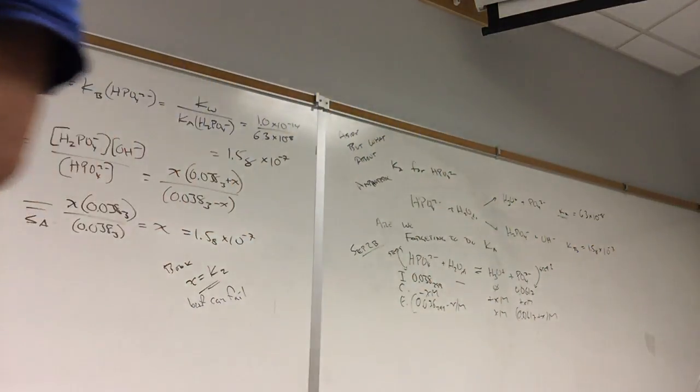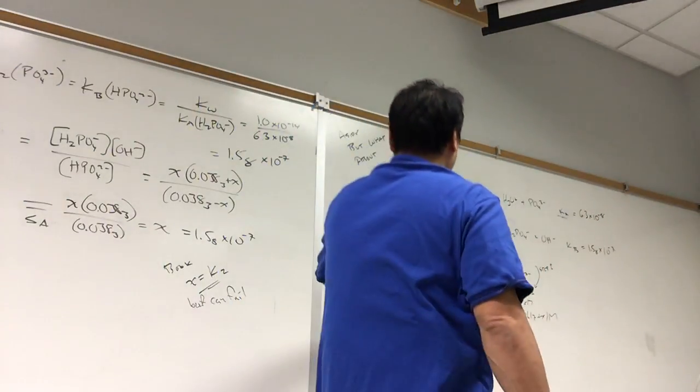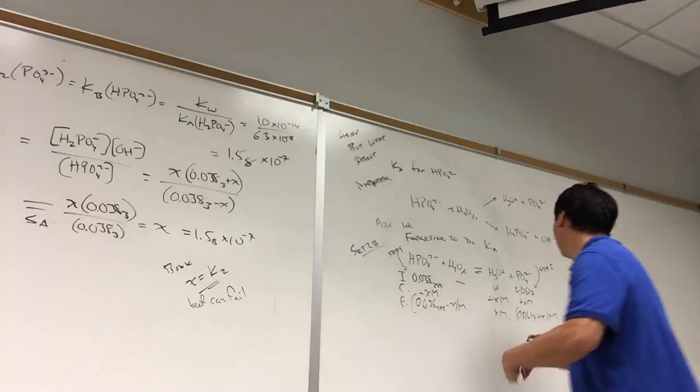And so this would take care of the Ka collision because it's amphoteric. Does that make sense? But take a look at this equilibrium here and compare this equilibrium to step 1.